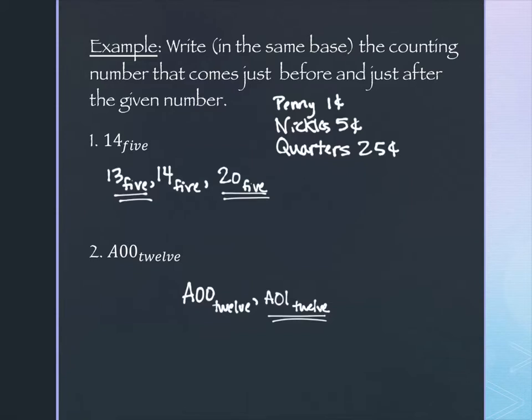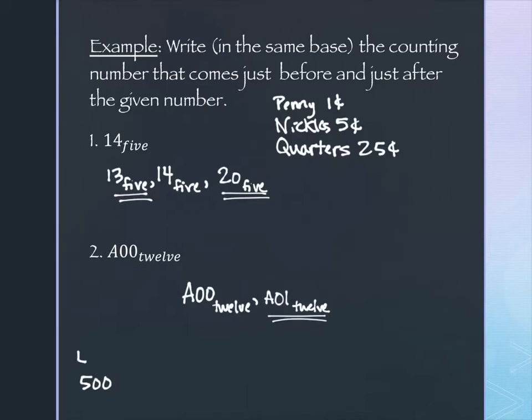So I'd like for you to think about the number before by thinking about what we do in our number system. So I'm going to make up just a random number in our number system. I'm just going to use the number 500. So I'm trying to make it look a little bit like the A00, so that's got the zeros on the end, but I don't really care what the number is at the beginning to make my argument. What comes before 500 in our number system? 499.